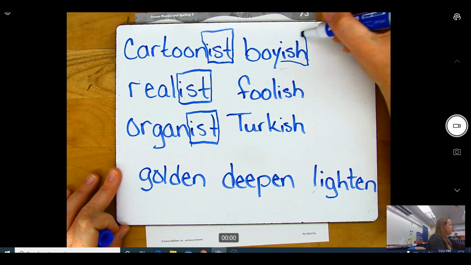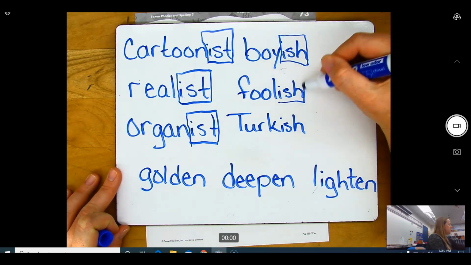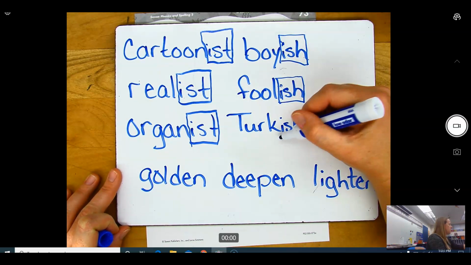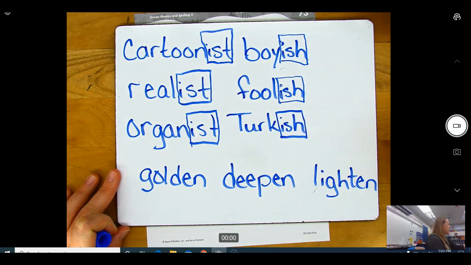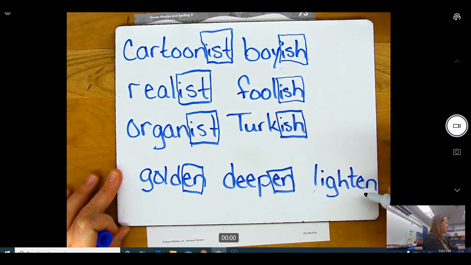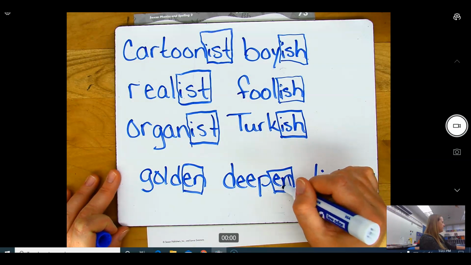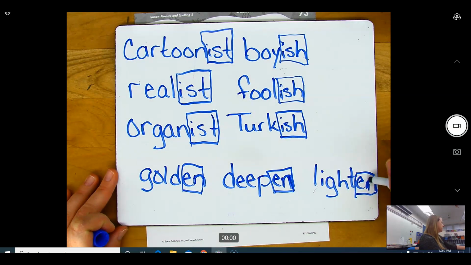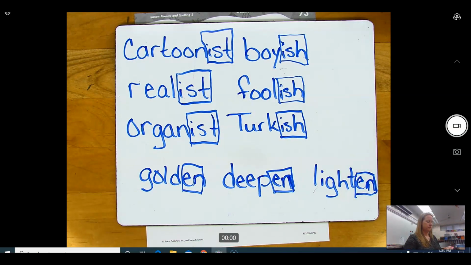These words have suffix ish. Okay, and then these words down here have suffix en. Okay, after we box the suffixes, what should we do now?